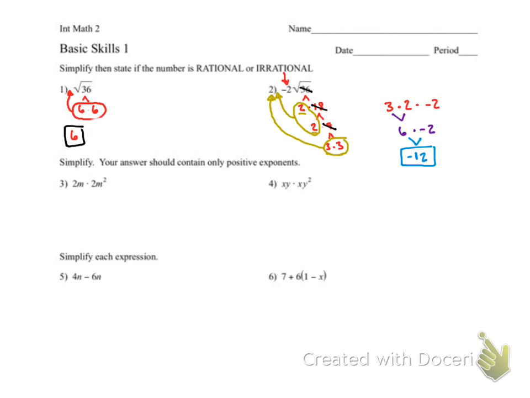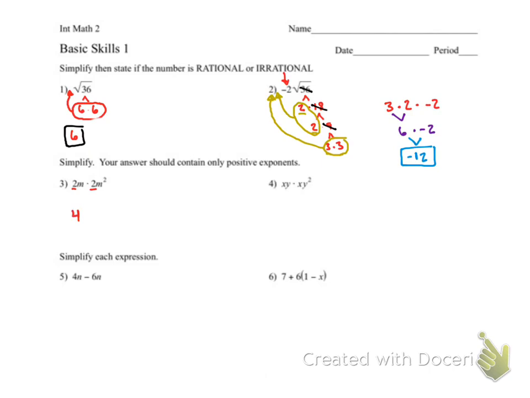All right, number 3. So number 3, we have 2m times 2m squared. We're working with exponents here, so we have our exponent properties, and they're being applied here. Coefficients, you want to start with those first. We have 2 times 2. That gives us 4.